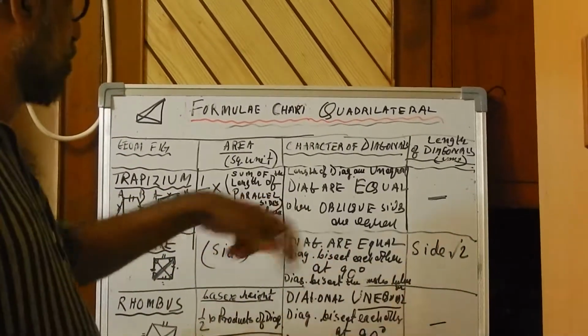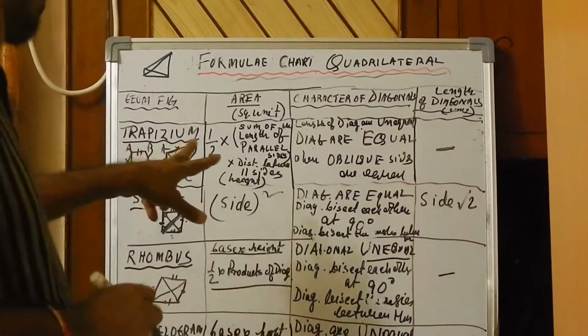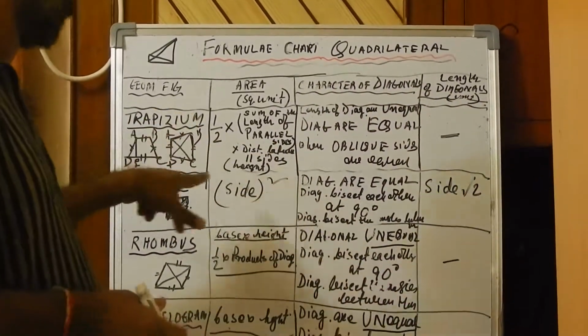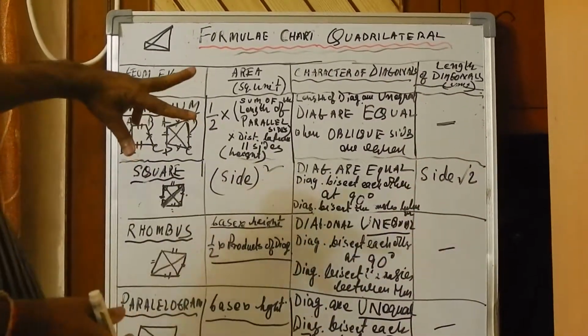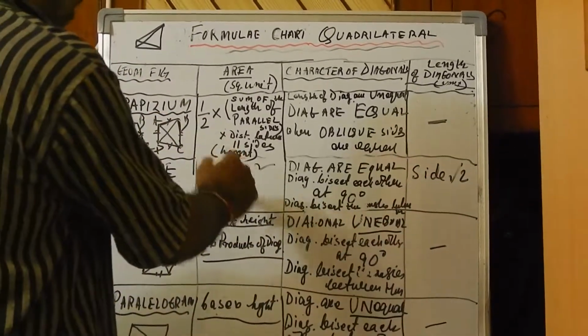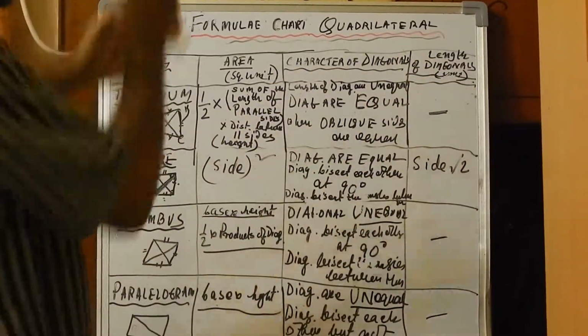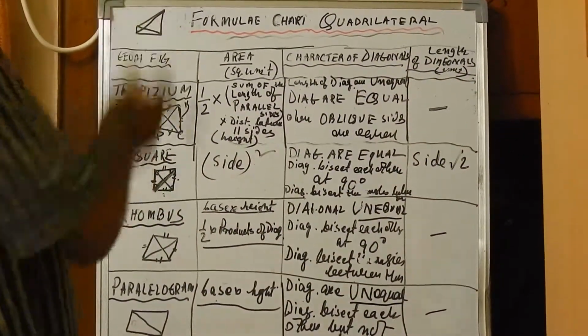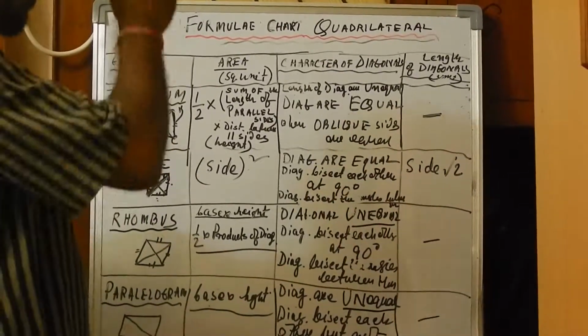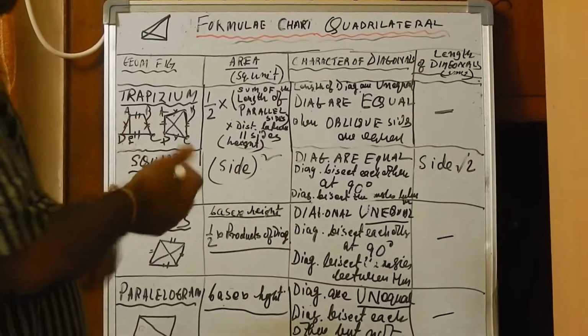And for the trapezium, the last one, it was different because only two opposite sides were parallel and the other two sides were oblique. So it is a different formula, half into sum of the length of the parallel sides and the distance between the parallel sides, that is the height of the trapezium.